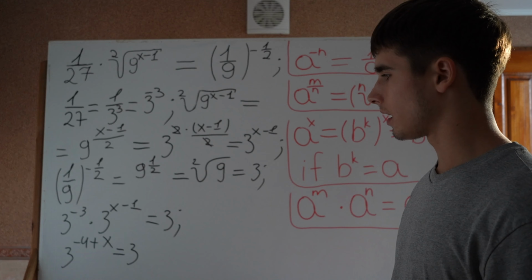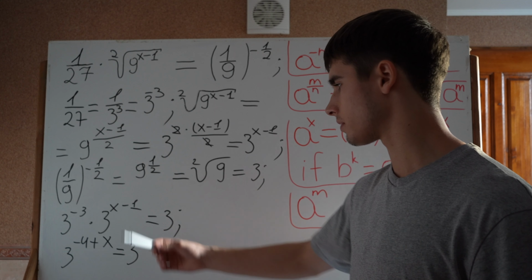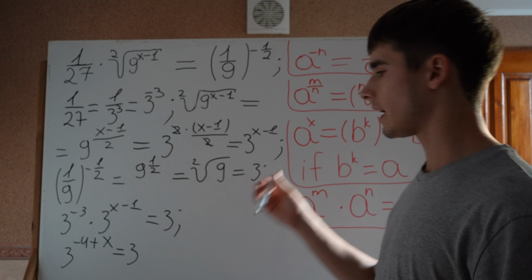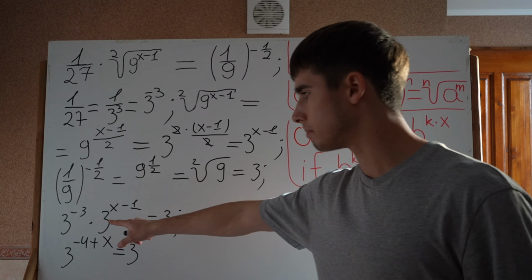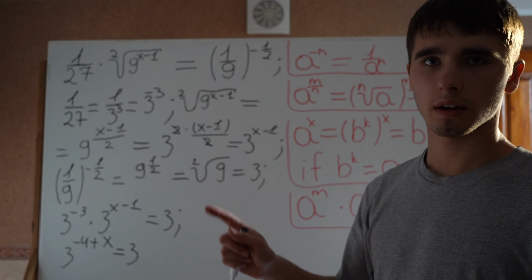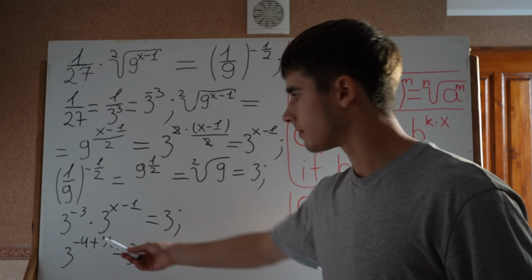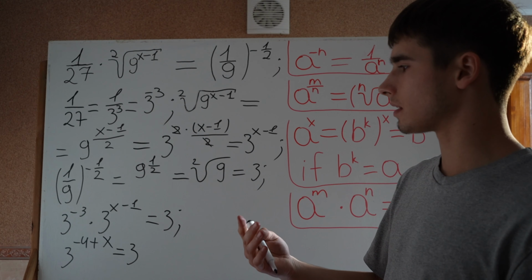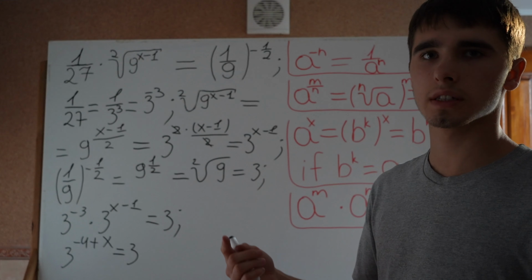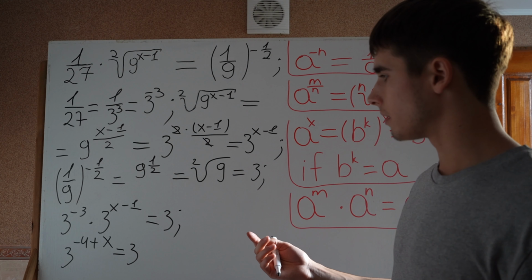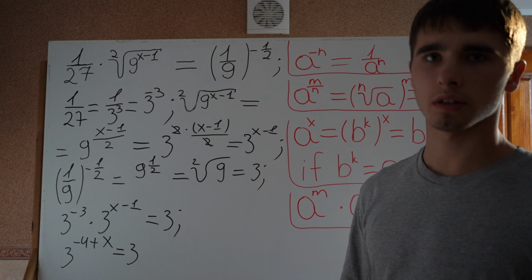Well, as you can see, we have 3 as the result of all of this. That means that the exponent must be equal to 1, because this 3 must be raised to the power of 1, otherwise it's not going to be equal to 3, it's going to be equal to any other number.